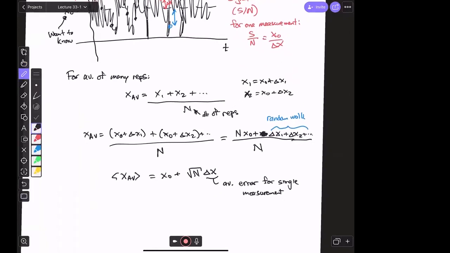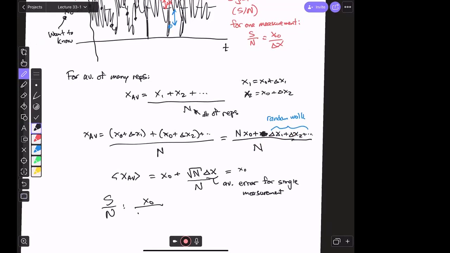So now let's calculate the signal to noise. It would be X naught divided by, I'm sorry, I made a little mistake. This should be over N, right? Because it was random walk divided by N. So let's just simplify this one more step.